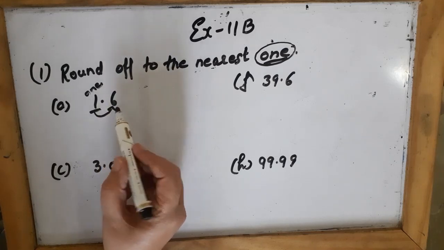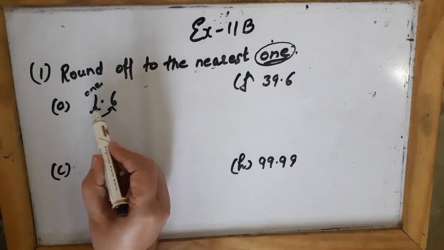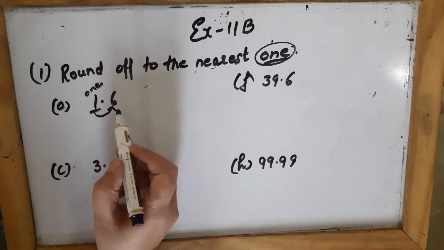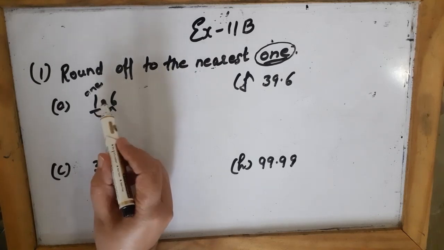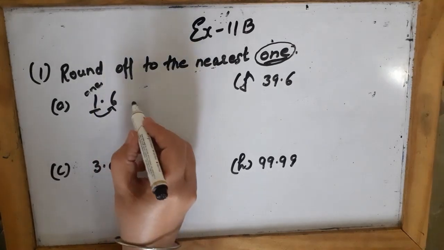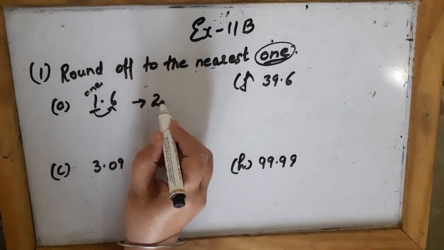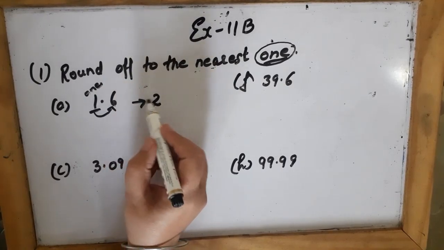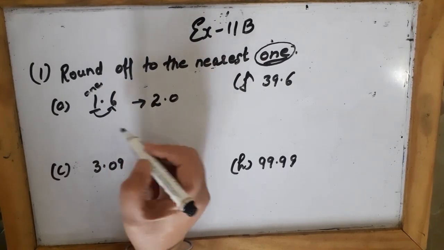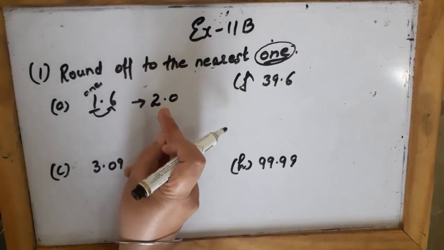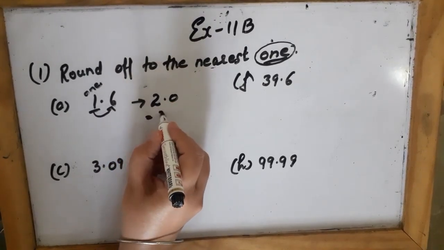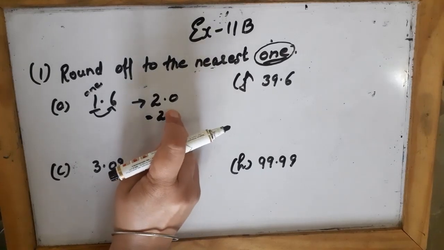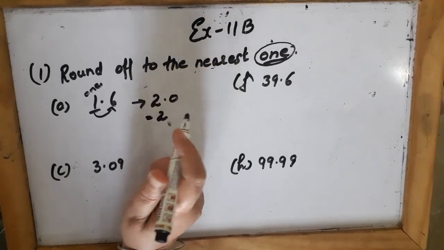The rule is the same. As this digit to the right of 1 is more than 5, this 1 will change to the next digit and it will become 2.0, or you can simply write 2, because 2.0 or only 2 is the same thing.